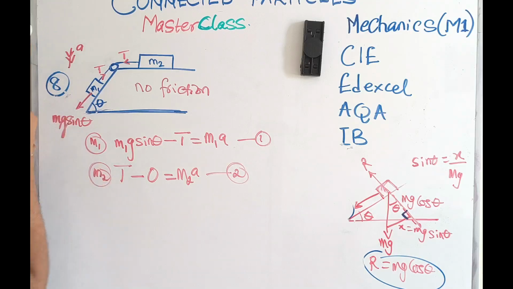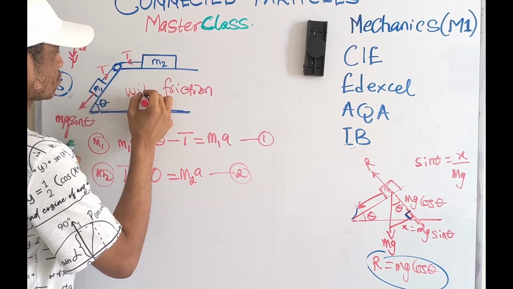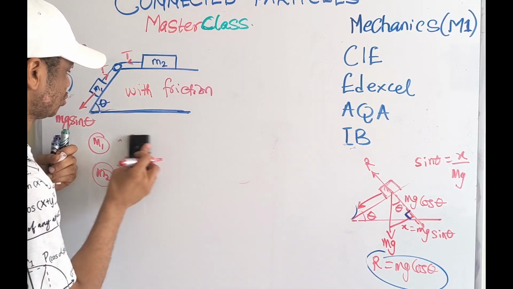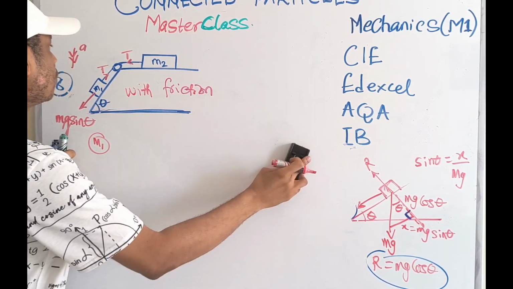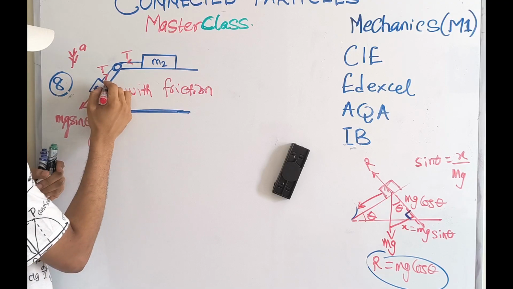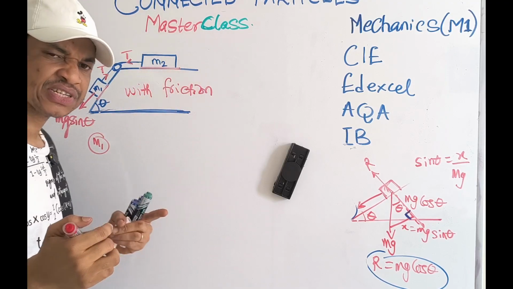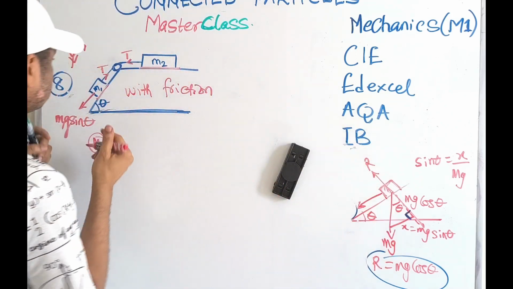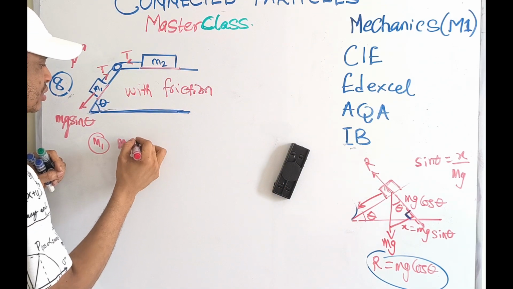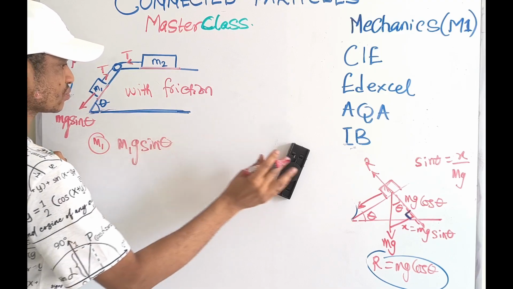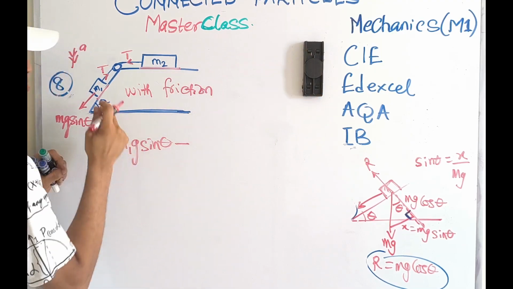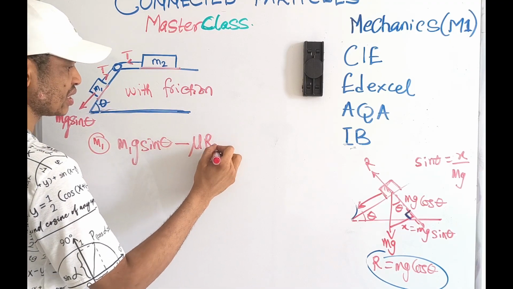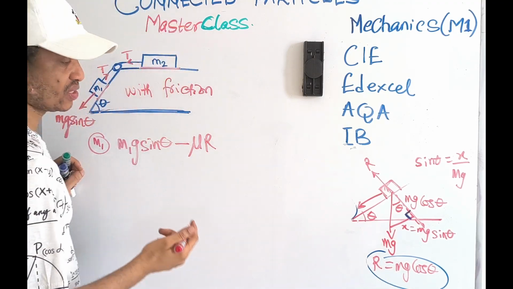Now, with friction, everything is going to change. So for m1, let's say there's friction here and there's friction here. If there's no friction, just put that section as 0. I would have just generalized it. So with friction, this becomes m1g sine theta minus mu R. Remember, mu R is always friction. And what's R? mg cos theta.